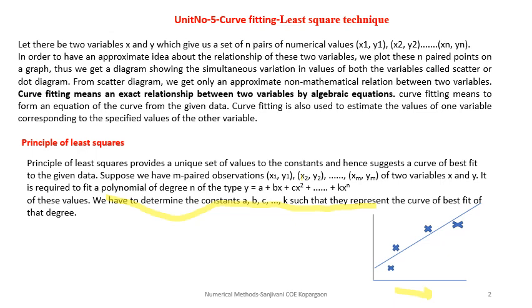Here you need the distance between the points and the fitted line, if you take the square of these distances, to be as minimum as possible. And that is nothing but the statement of the principle of least square.